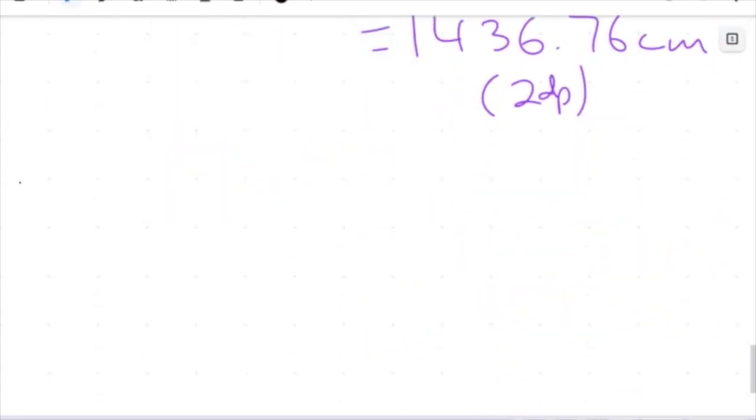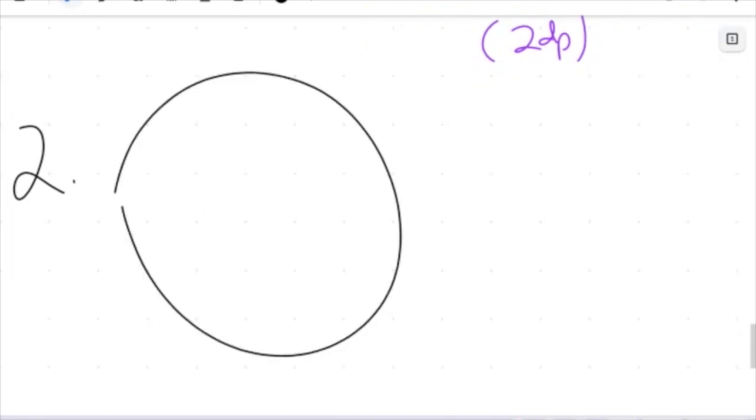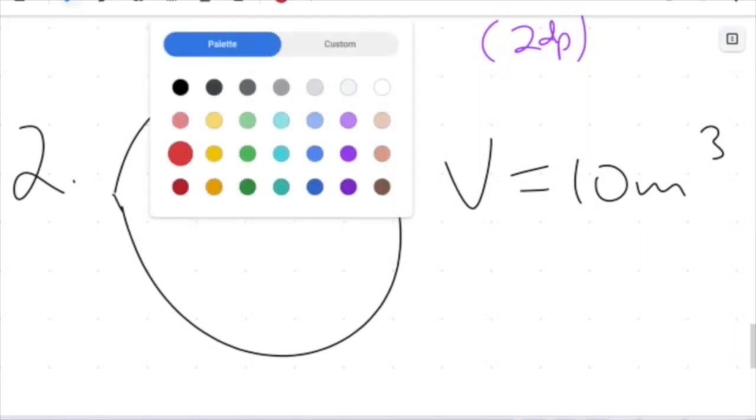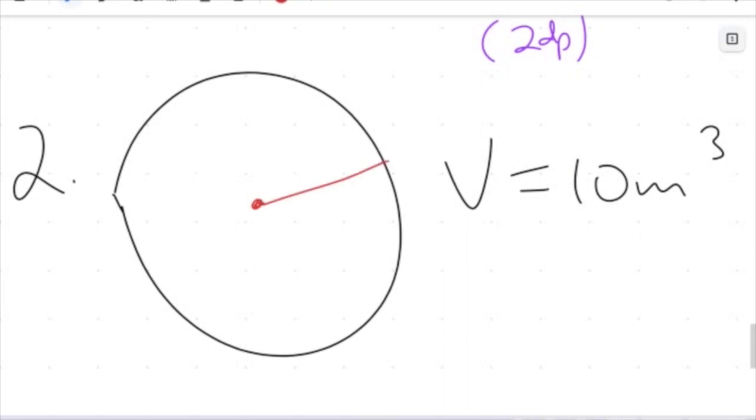We want to find, in this question, the radius of a sphere which has a volume of 10 meters cubed. And we want to find this to 2 decimal places. So we want to find this radius r here, r meters.